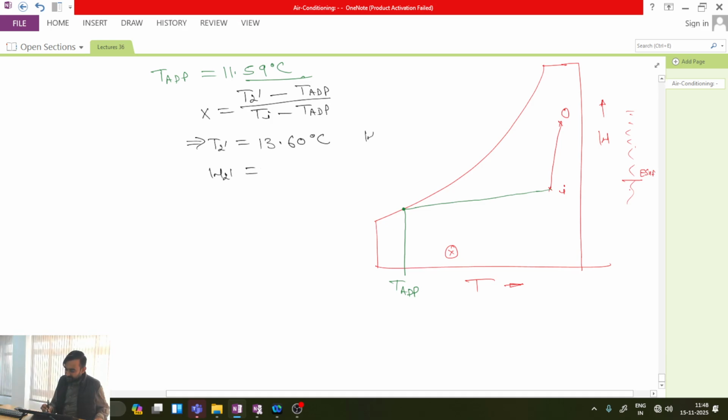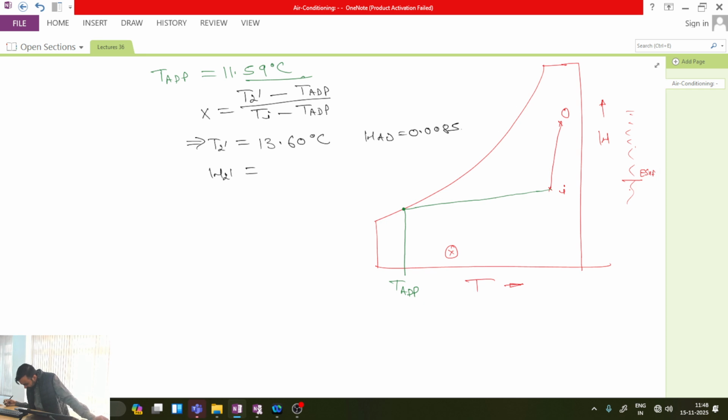WADP is how much? 0.0085327. If you calculate W2 dash, how much does it come out to be?